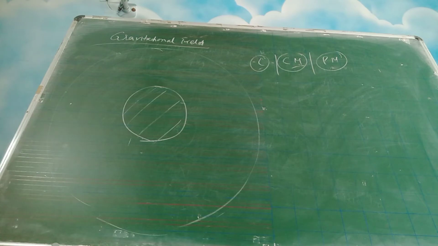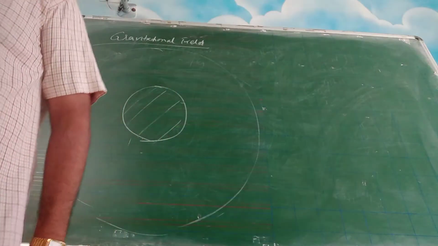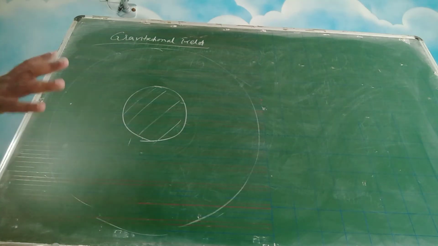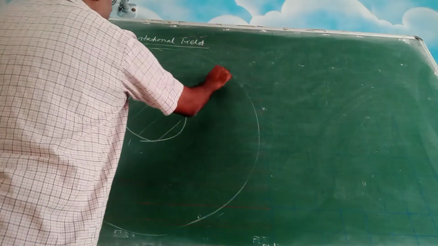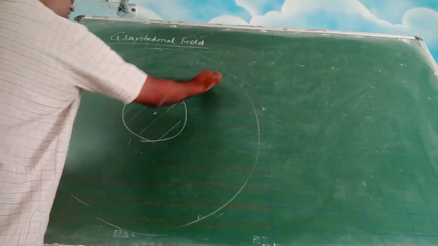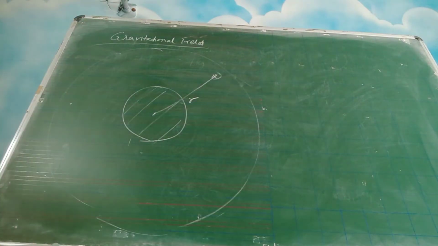Similarly, now we are trying to find out the method to find the gravitational field around a mass. It is not necessarily the earth, we are talking about any mass, but in general if we talk about the earth, I want to find the gravitational field at this particular point, which is at some distance, say r, from the center of the earth. So how do you find out?